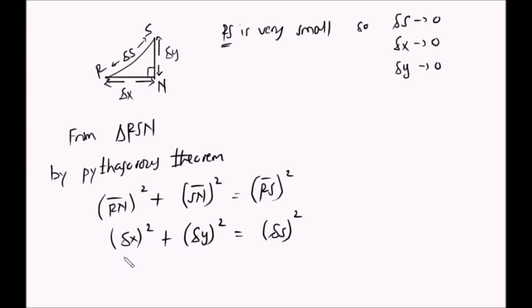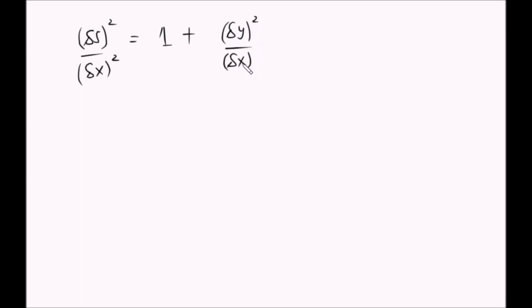Now I'm going to divide by delta X squared everywhere. So it becomes delta S squared over delta X squared is equal to 1 plus delta Y squared over delta X squared.